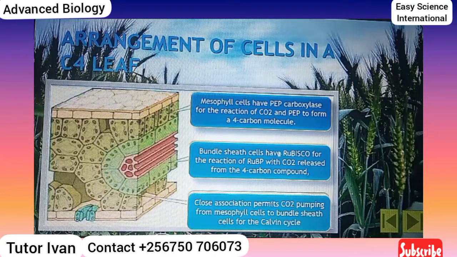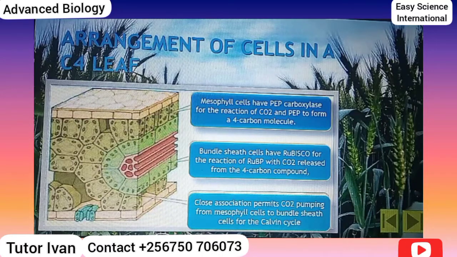This is an enzyme, a protein in nature, with 2 active sites, and the active site that is very active here is the carboxylase part, the site that fixes carbon dioxide. It catalyzes the reaction of RuBP, that is ribulose bisphosphate, with carbon dioxide released from the C4 compound, the carbon 4 compound formed previously in our mesophyll cells.